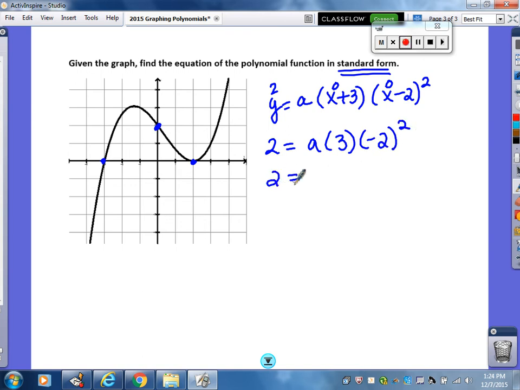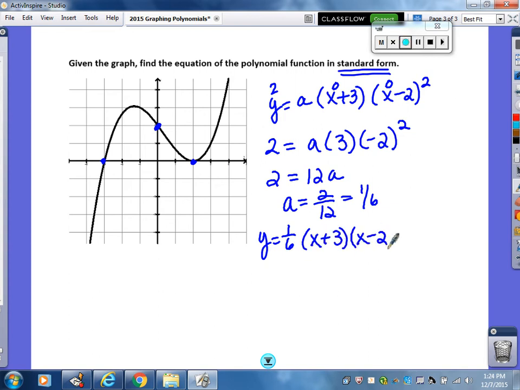So 2 is equal to, let's see, 4 times 3, that's 12a. So a is equal to 2/12, which is 1/6. So my equation in intercept form is y equals 1/6 times x plus 3 times x minus 2 squared.